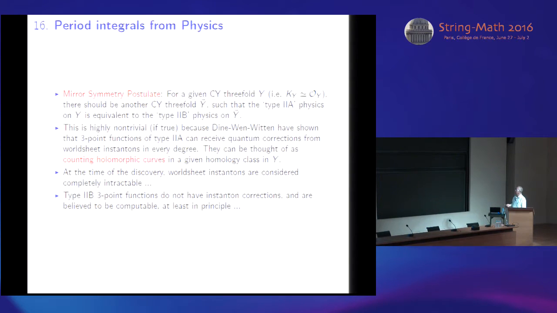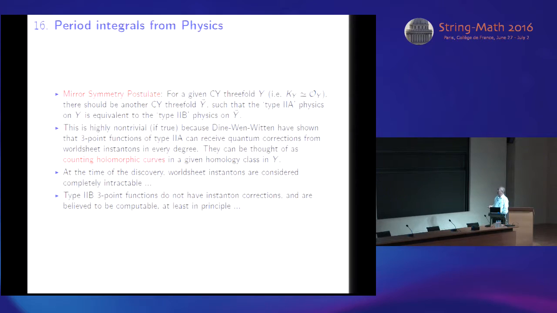As we know, once two physics theories are equivalent, we can calculate things from one theory based on the other theory. And already we know that Dijkgraaf, Witten and others have shown the three-point function of type 2A can receive quantum corrections from worldsheet instantons in every degree.